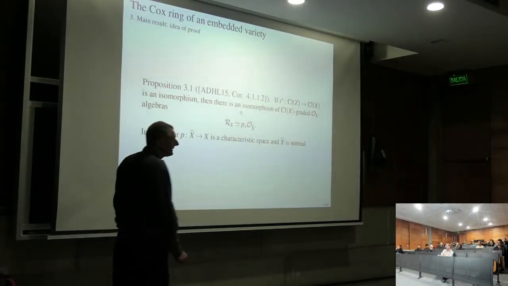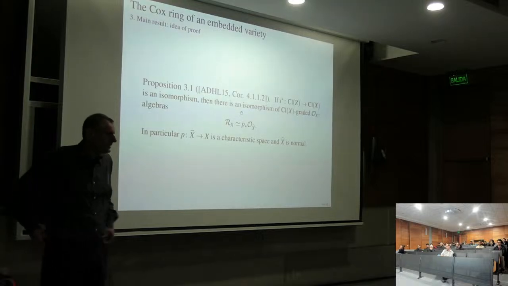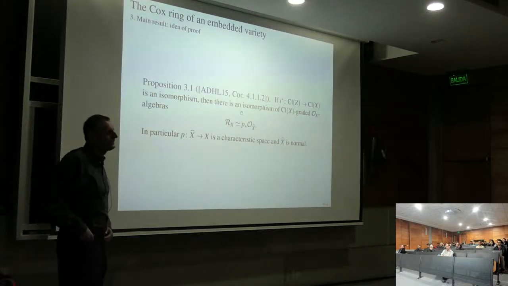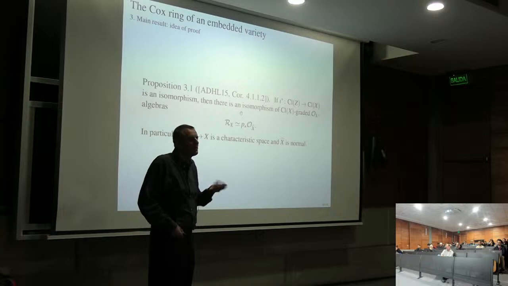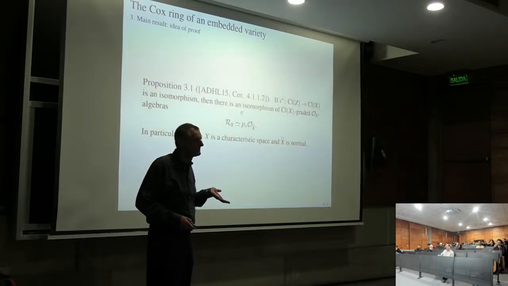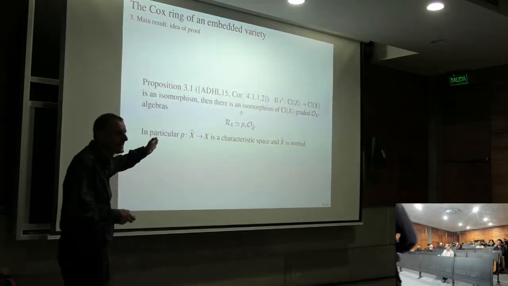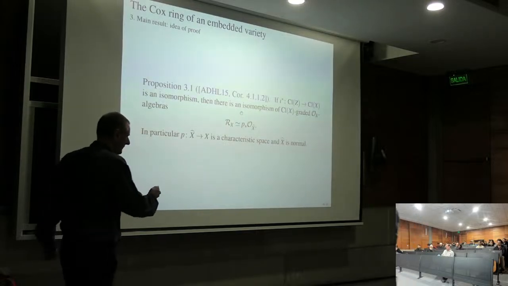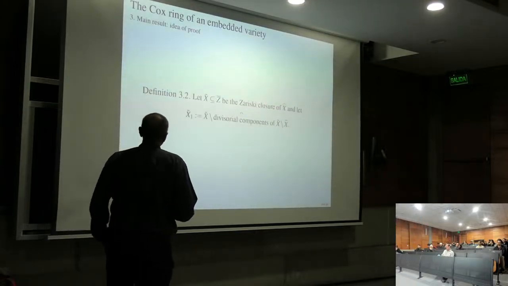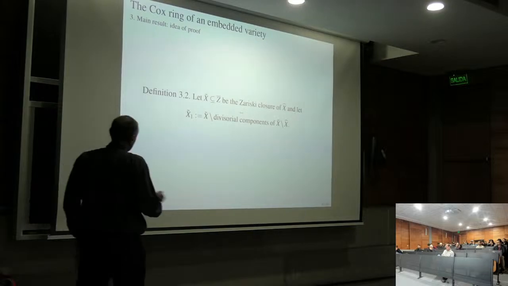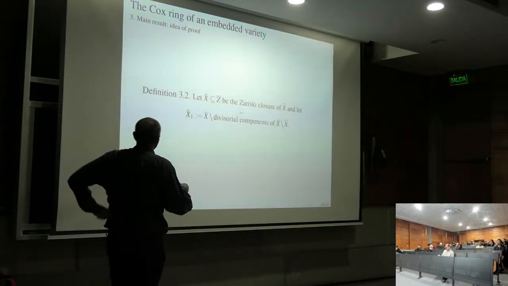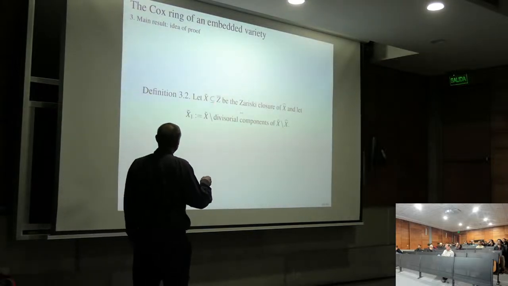Okay, so this is our second ingredient: we don't have the Cox ring, but we have the Cox sheaf. And we have the characteristic space. So now let us put some notation. We have this Z bar.